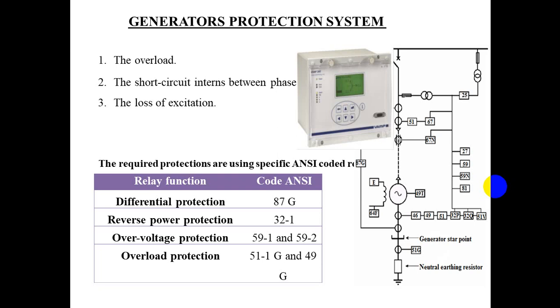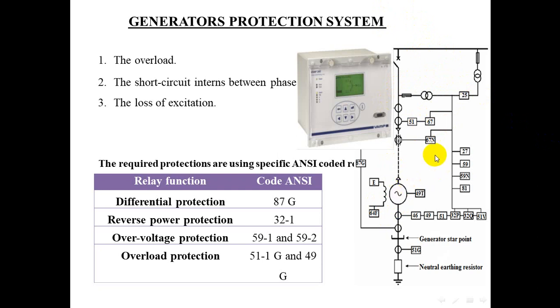There are three methods available to detect this type of fault in the rotor. The methods are: 1. Potentiometer method, that's used in the schematic as shown in this diagram. 2.